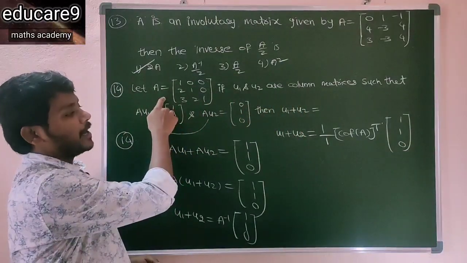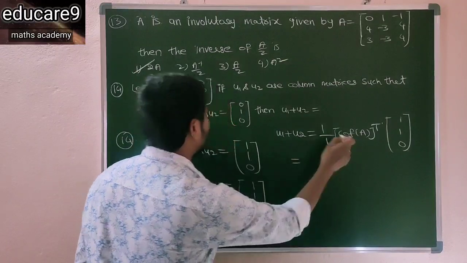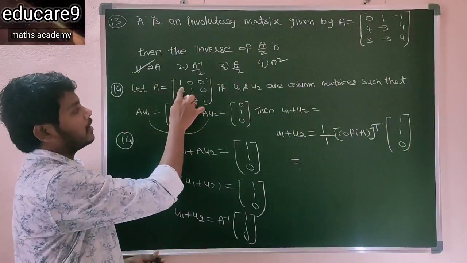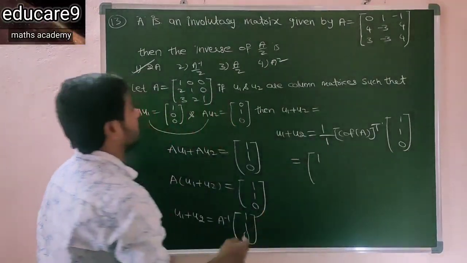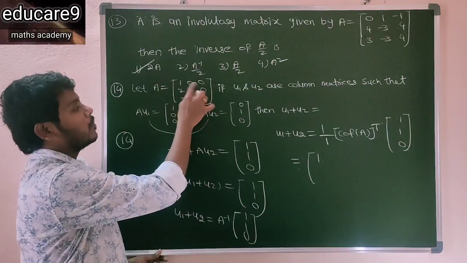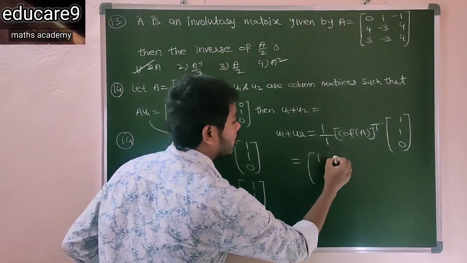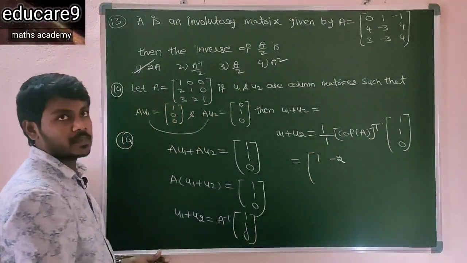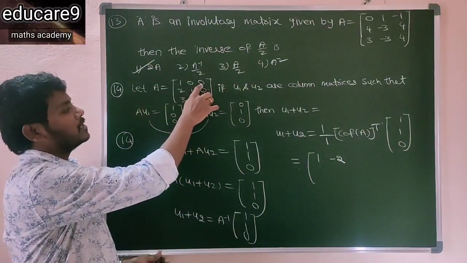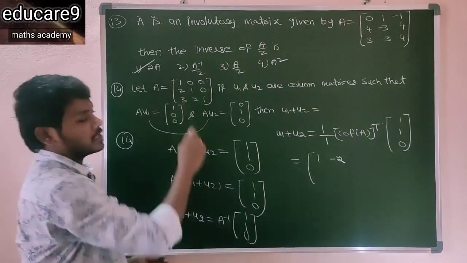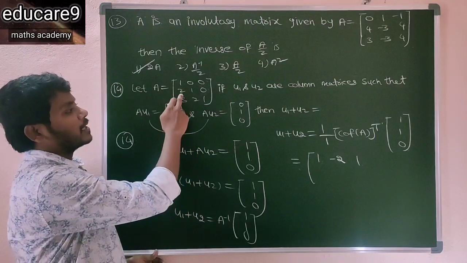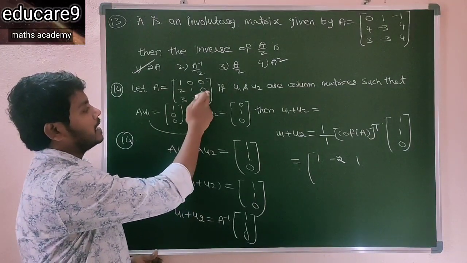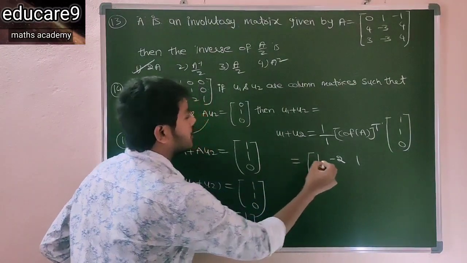Now find the cofactor of this matrix. The cofactor of 1 is 1. Next, the cofactor of 0, 2, that is minus 2. Next, the cofactor of again 0, we will get 4 minus 3, 1. Next, the cofactor of 2 is 0.